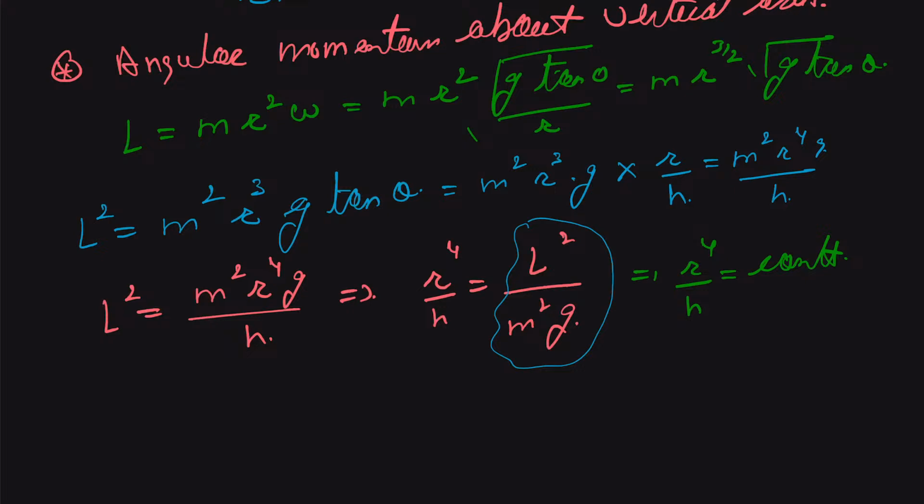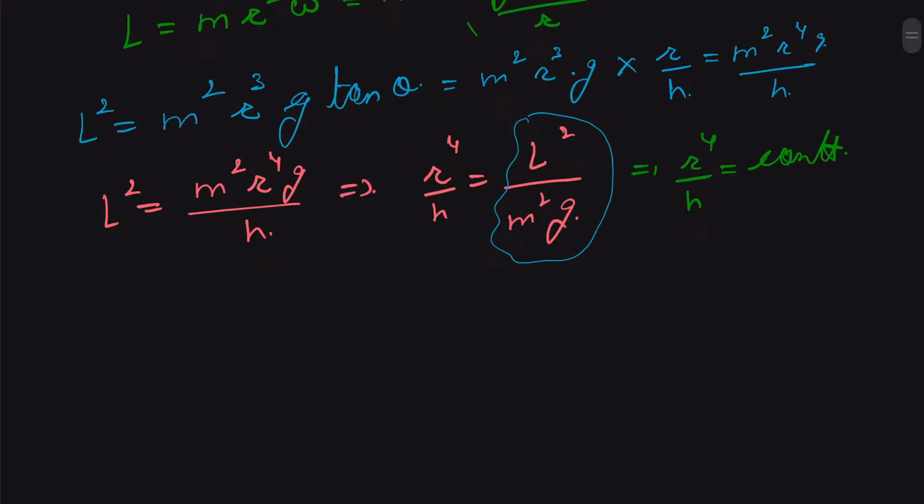So now we come to our first part, part A, and in part A our theta is approximately tending to 0. It means the string is almost vertical. Since the string is almost vertical, we have already written the relationship that h is equal to L cos of theta.